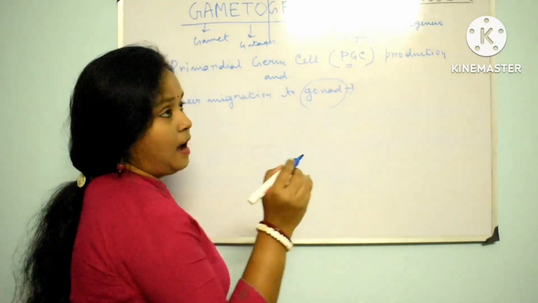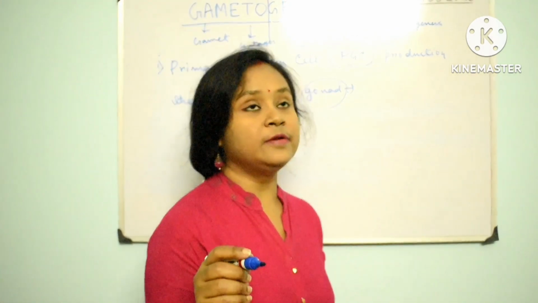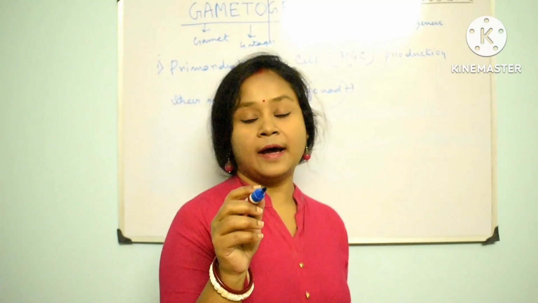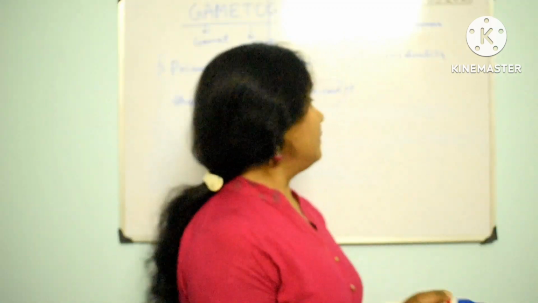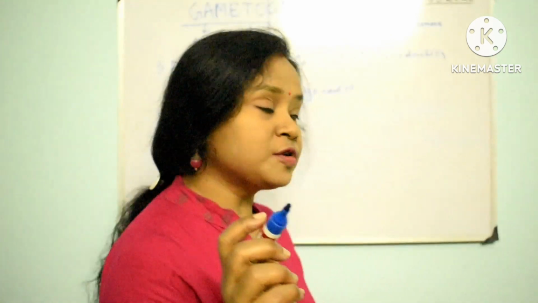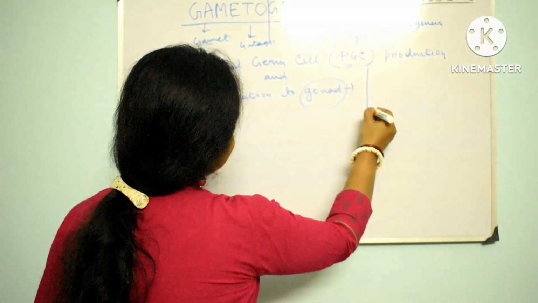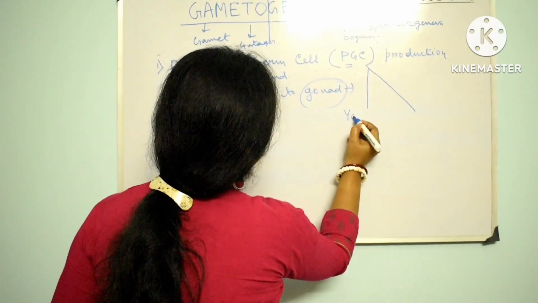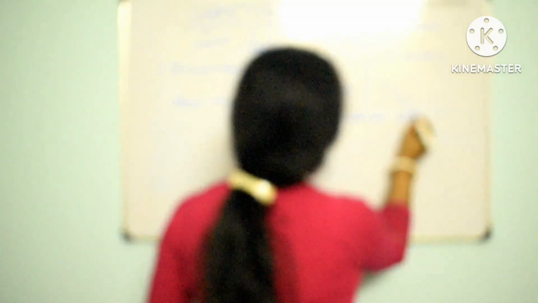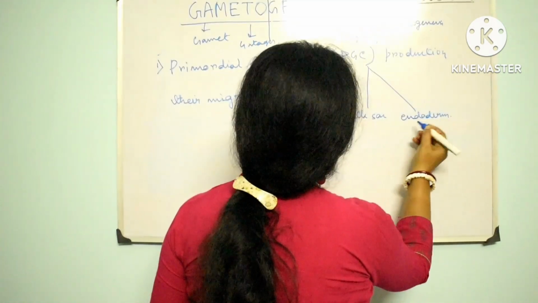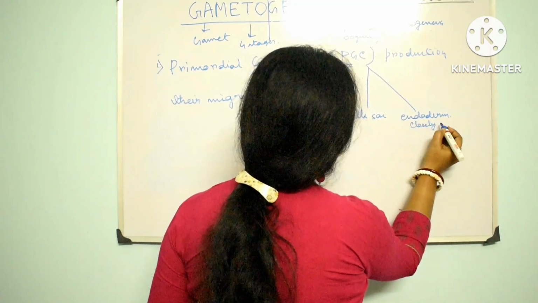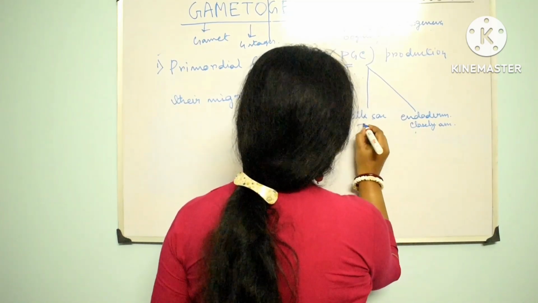In case of higher vertebrates, not lower vertebrates, what happens? These PGCs, or primordial germ cells, lie either in the yolk sac or in the endoderm, and this endoderm is closely associated with the yolk sac.